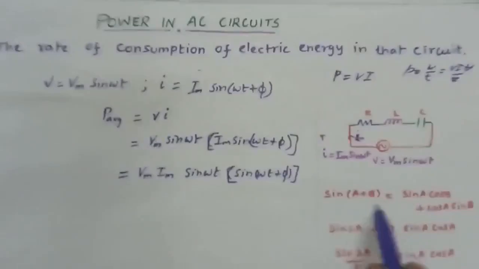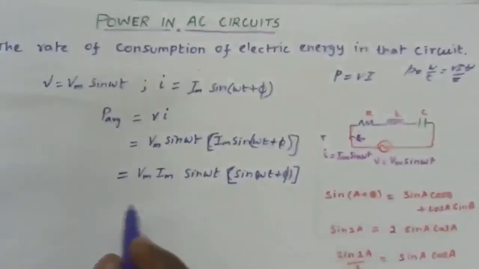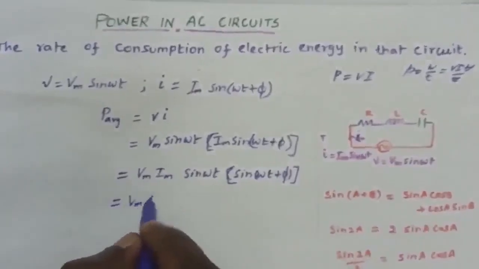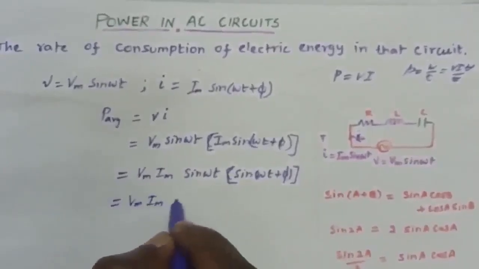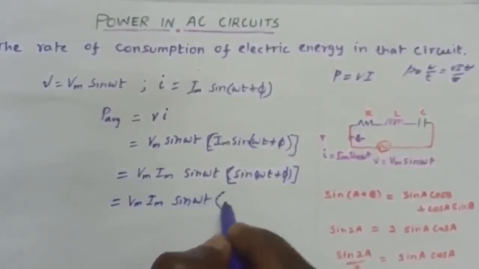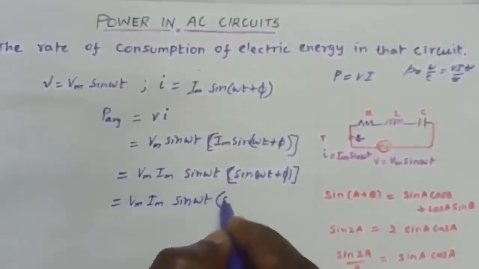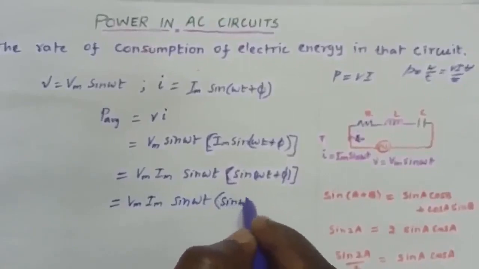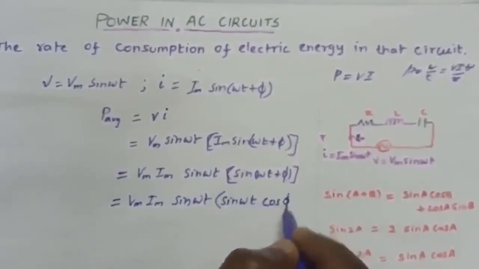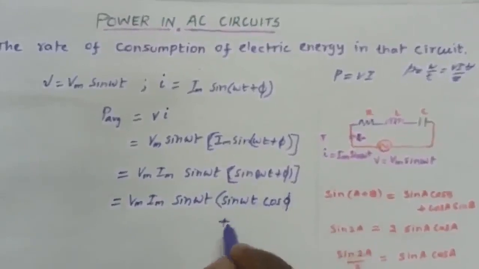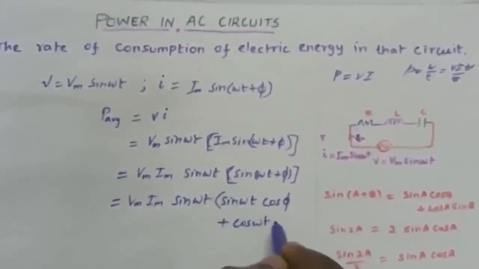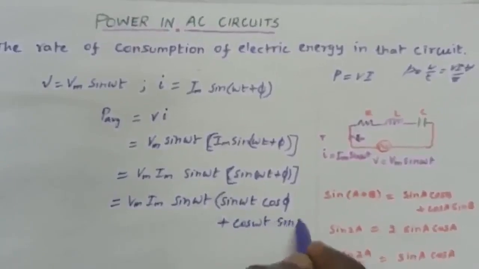Now using the trigonometry relation, we get Vm Im sin omega t into (sin omega t cos phi plus cos omega t sin phi).